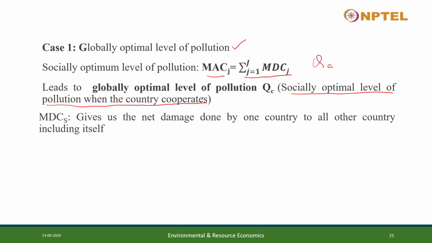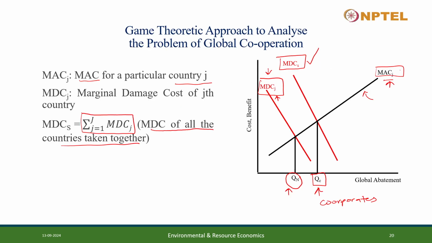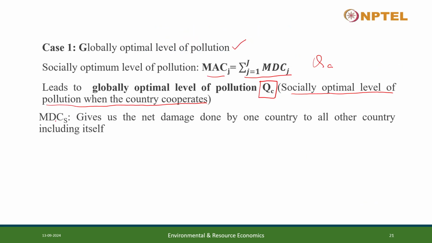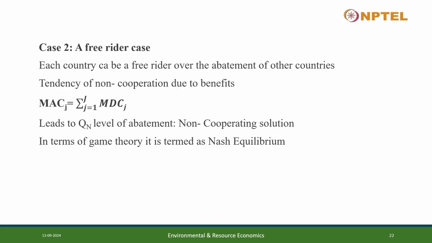So when country J cooperates with other countries to reduce the emission, then the country will abate till the level of QC. So this is how cooperation works. MDCS gives us the net damage done by one country to all the other countries including itself. So that is how we can see.